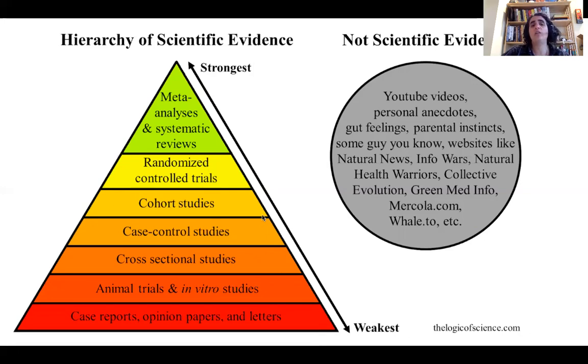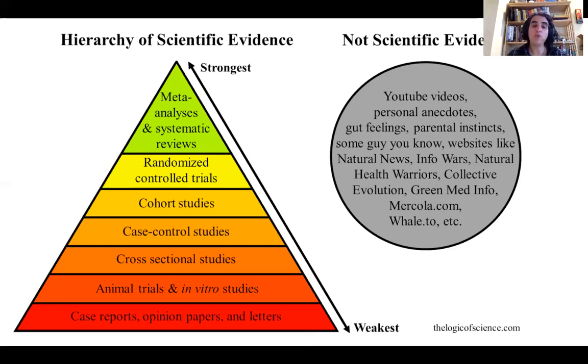Case control studies, weaker than cohort studies, weaker than randomized controlled trials, and above those, you have papers which look at several studies at once. You may remember the data that I showed you on abortion and breast cancer. That was data from a meta-analysis that was looking at a whole lot of different studies and combining them in various ways.